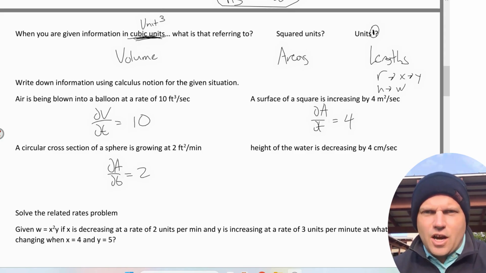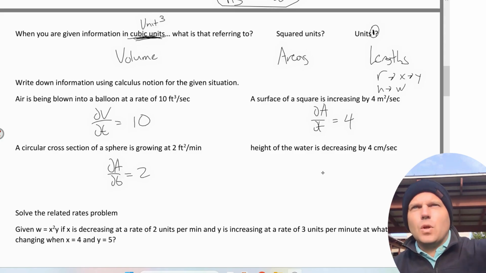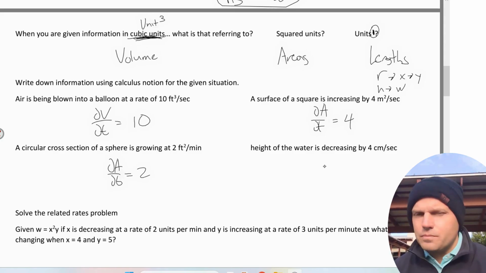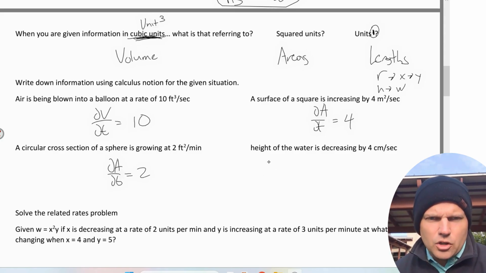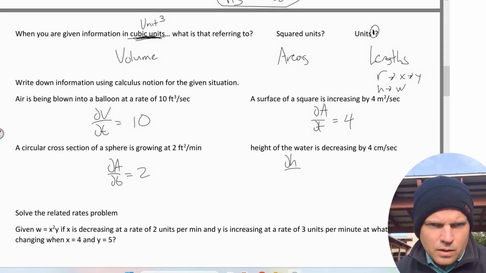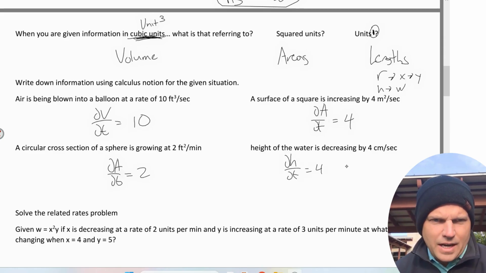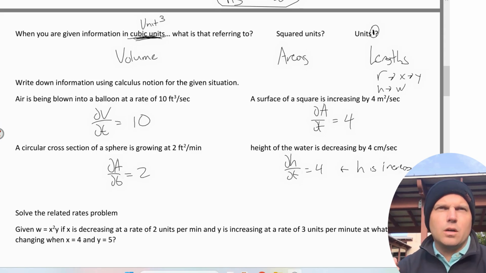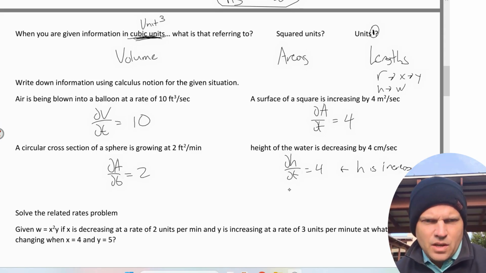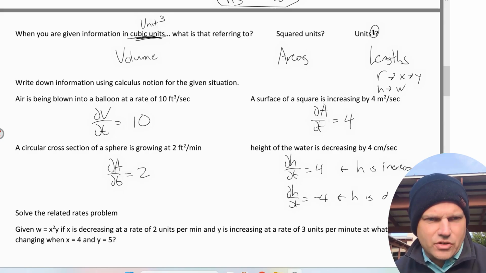Here comes another thing that's important. What do we know about things? If a derivative is positive, you would know h is increasing by 4 centimeters per second. If your derivative is negative, you would know h is decreasing by 4 centimeters per second.